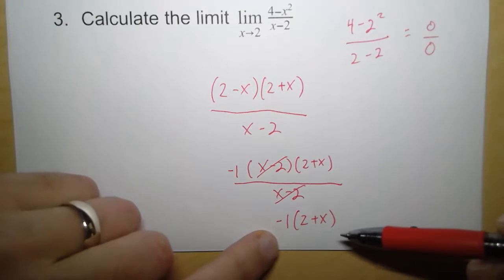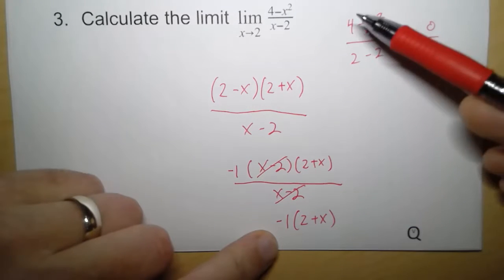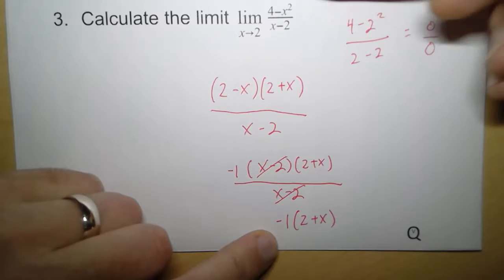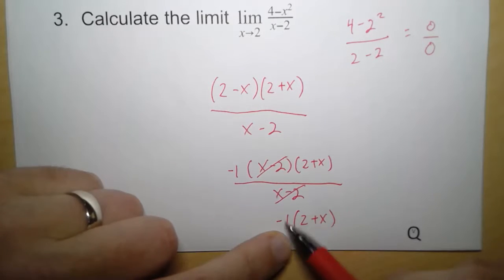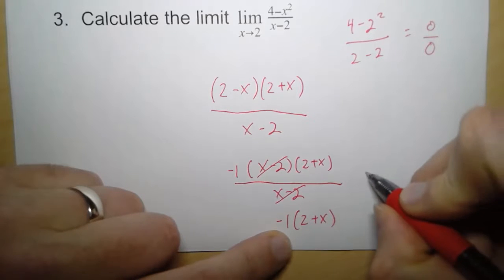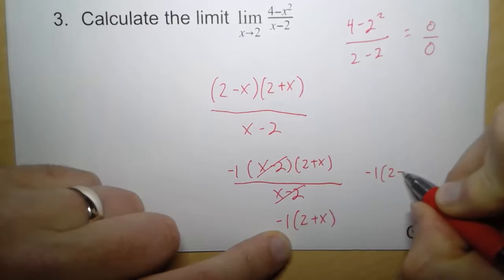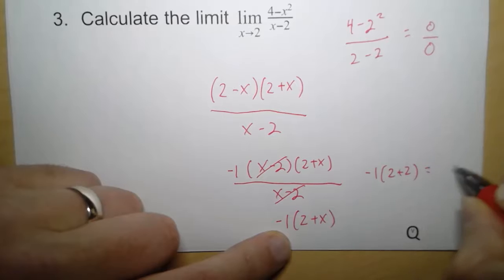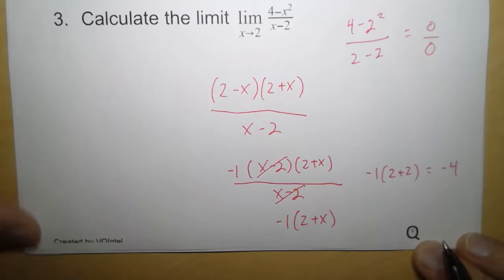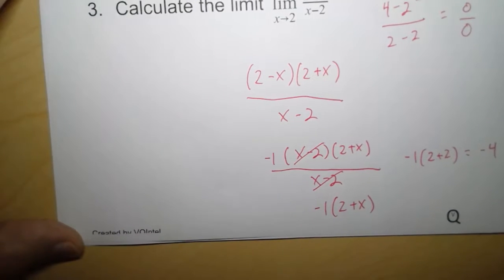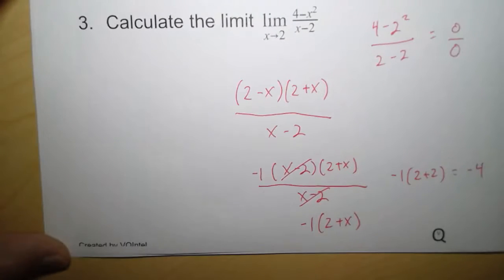Now why did we do that? Well, we couldn't plug in 2 into this expression. It gave us an undefined value. But what would happen if we were to plug in 2 into this? -1 times 2 plus 2 equals -4. That's not undefined, and that's our answer right there. So I'll write it over here off to the side.